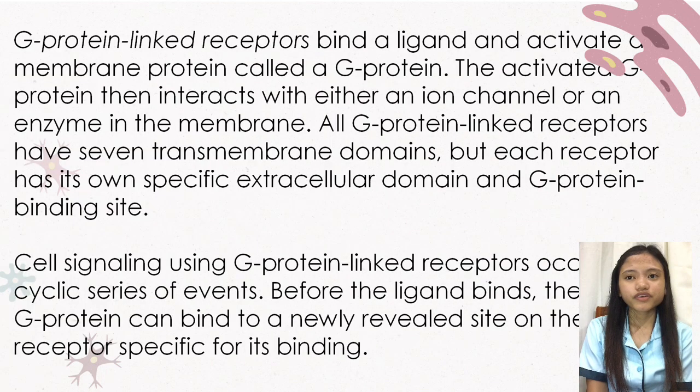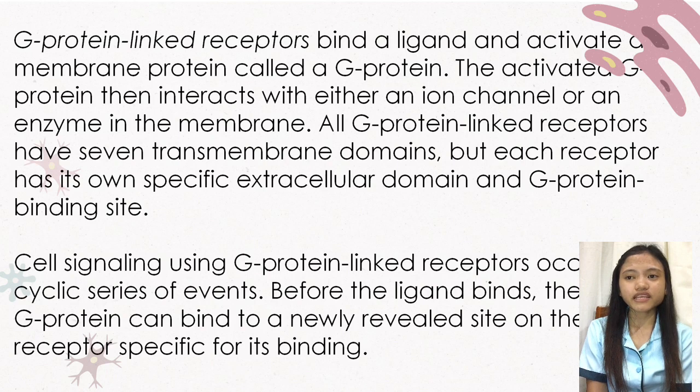Another type of receptor is the G-protein linked receptors, which bind a ligand and activate a membrane protein called G-protein. The activated protein then interacts with either an ion channel or an enzyme in the membrane.